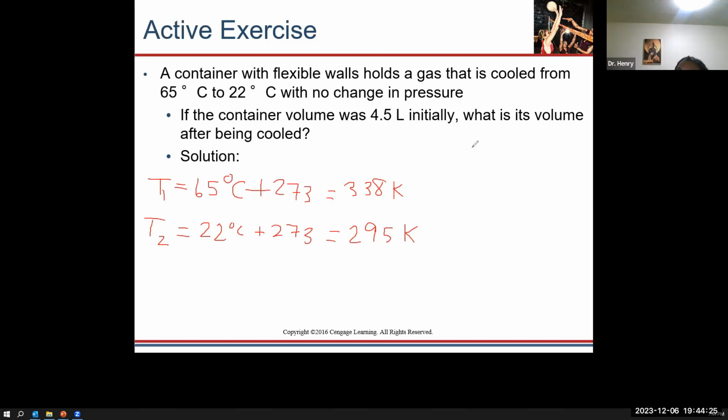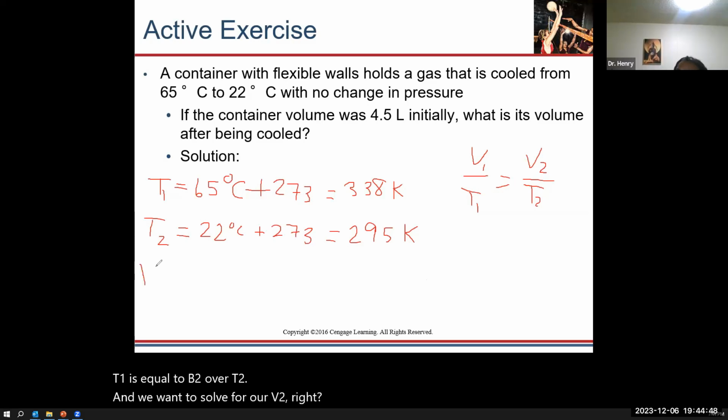Okay, and we know that V1 over T1 is equal to V2 over T2, and we want to solve for V2.